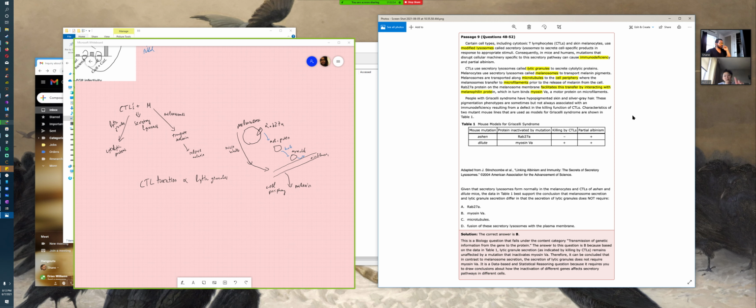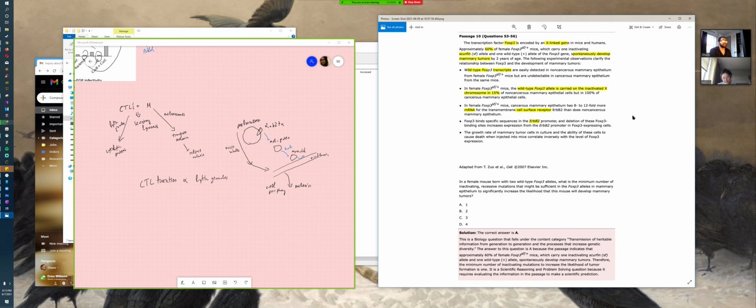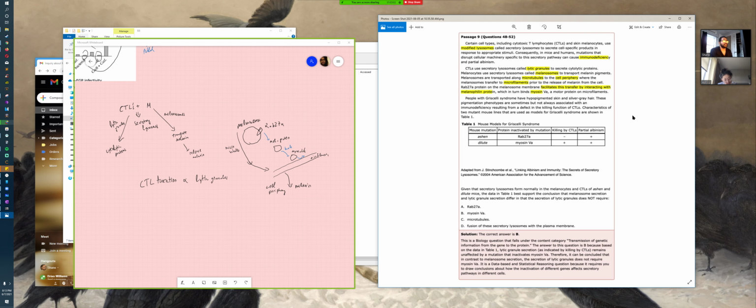They asked about microtubule and microfilament in two of the other questions. But I think those have more to do with the albinism aspect, because they're crucial for the melanin to be released.